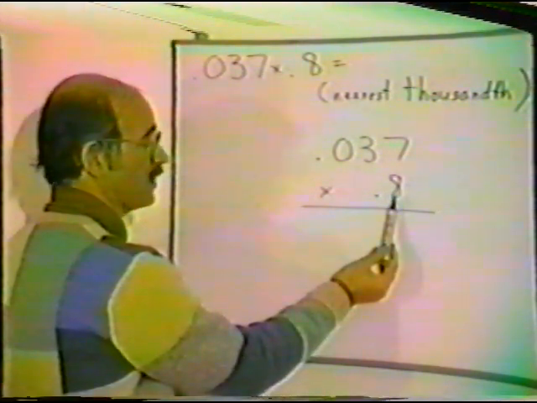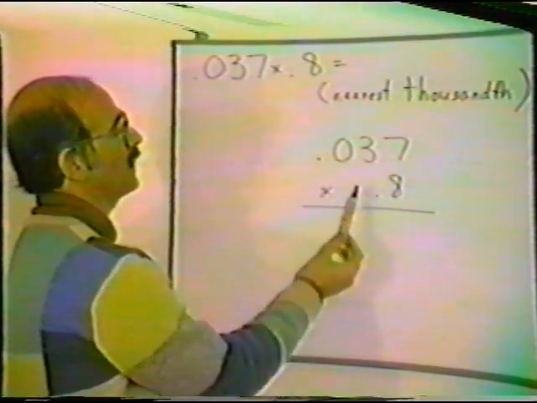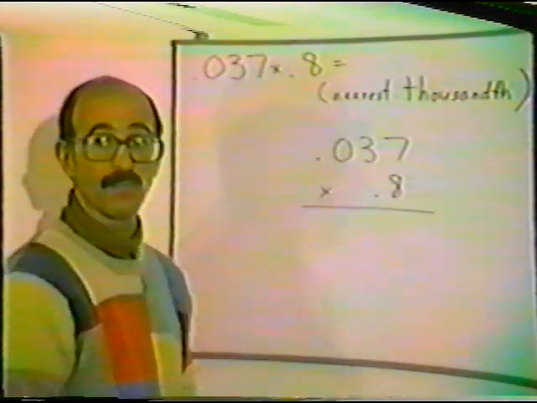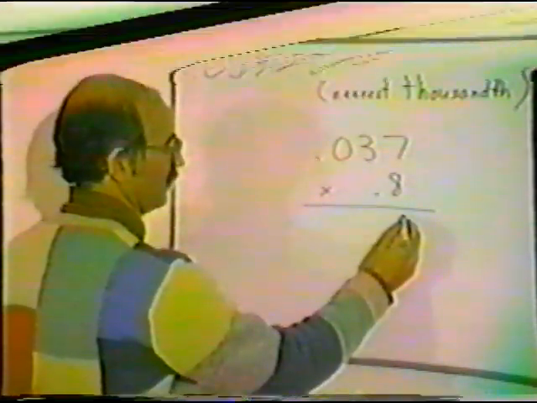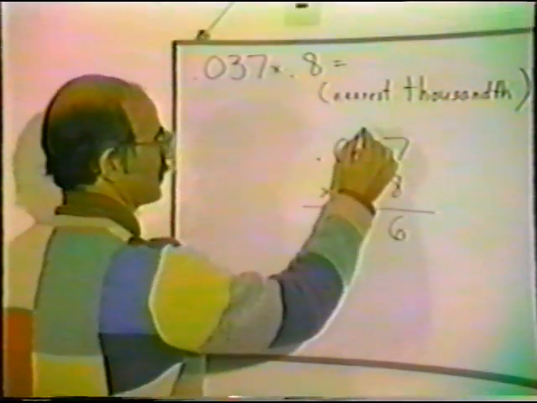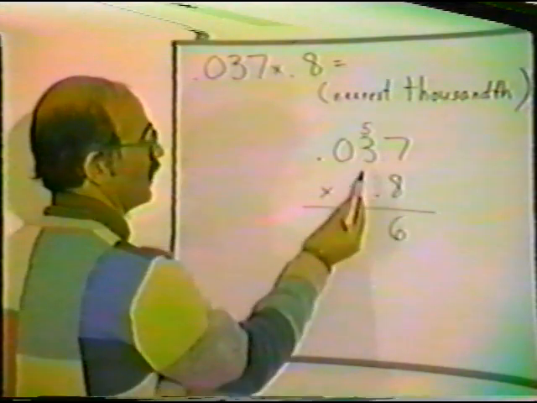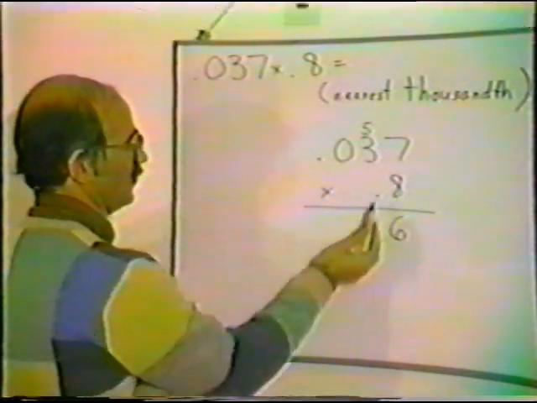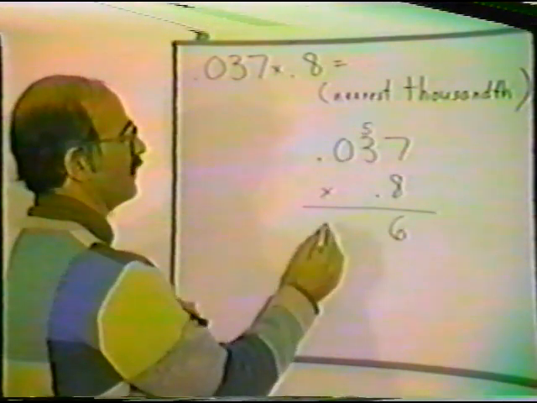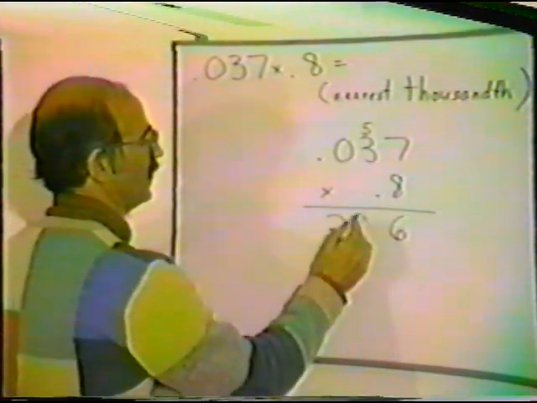When I'm all finished, then I'll have to consider the decimal points and the number of places. 7 times 8, 56. Put down the 6, carry the 5. 3 times 8, 24. Plus 5, 29.